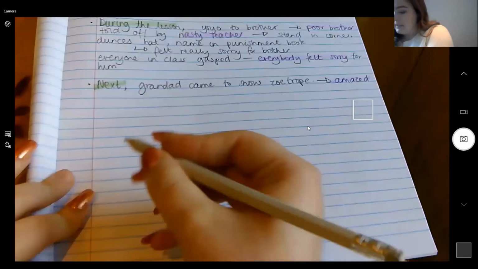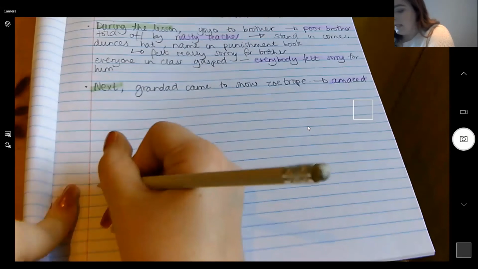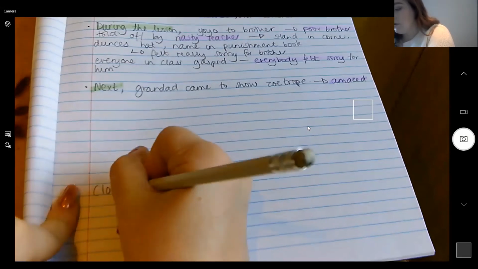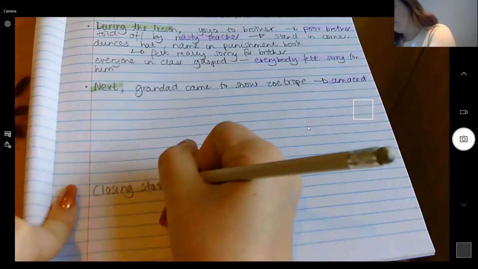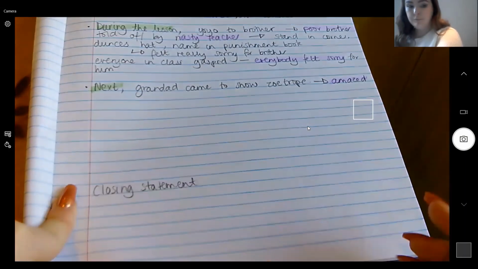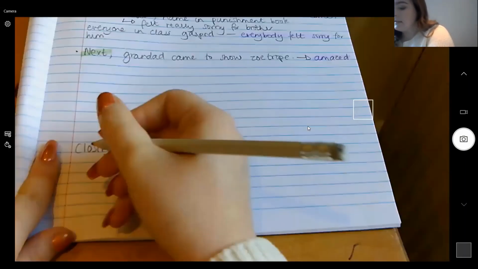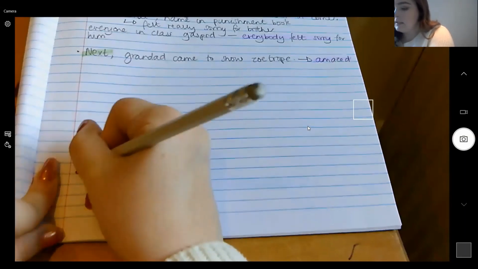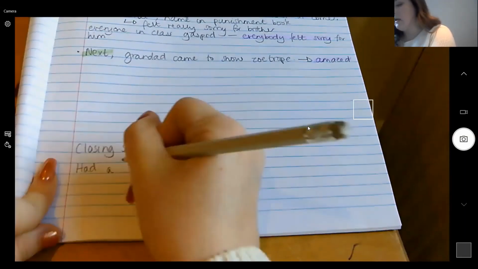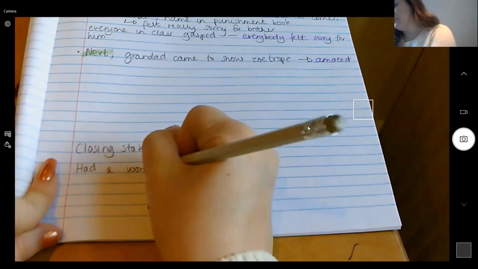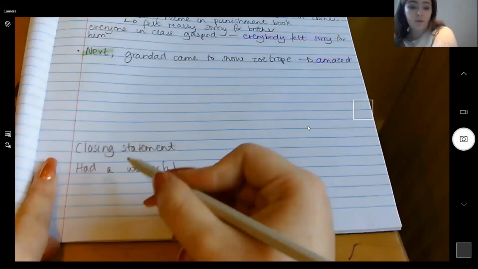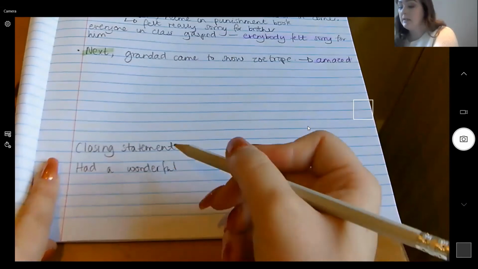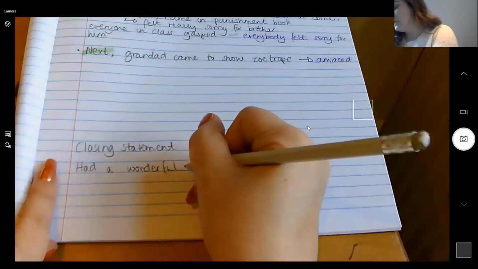So the closing statement, I'm just going to write here, so I know that this is my closing statement to round it off. And I'm going to write saying that had a wonderful day. And again, remember, this is note form. This is not how it's actually going to look when we write it up in neat tomorrow. Had a wonderful day.